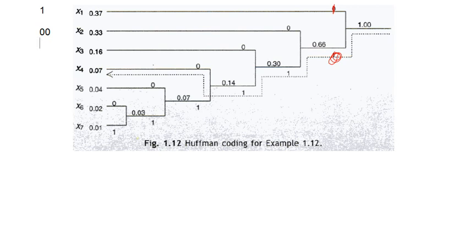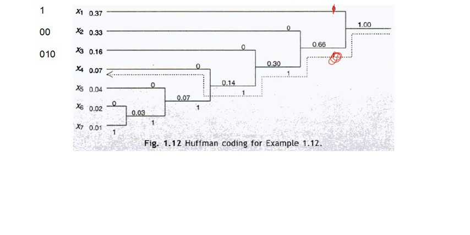Now coming to x3, how we can read: 0, 1, 0 is assigned to x3.